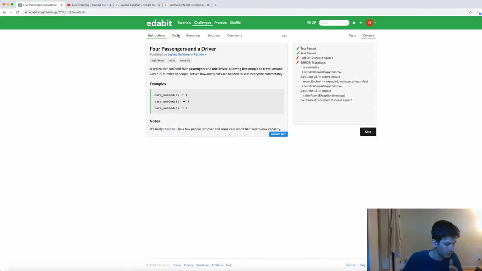So we round up to the nearest integer. This potentially may work. One should equal 0.